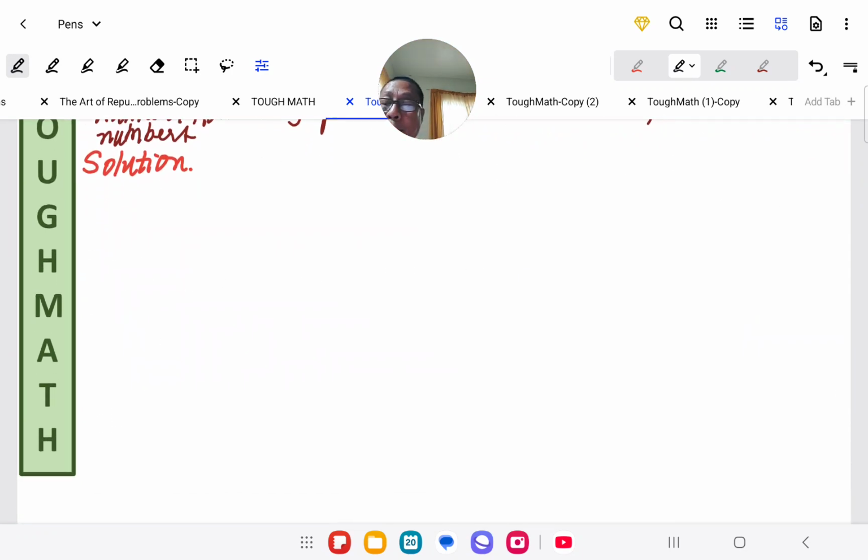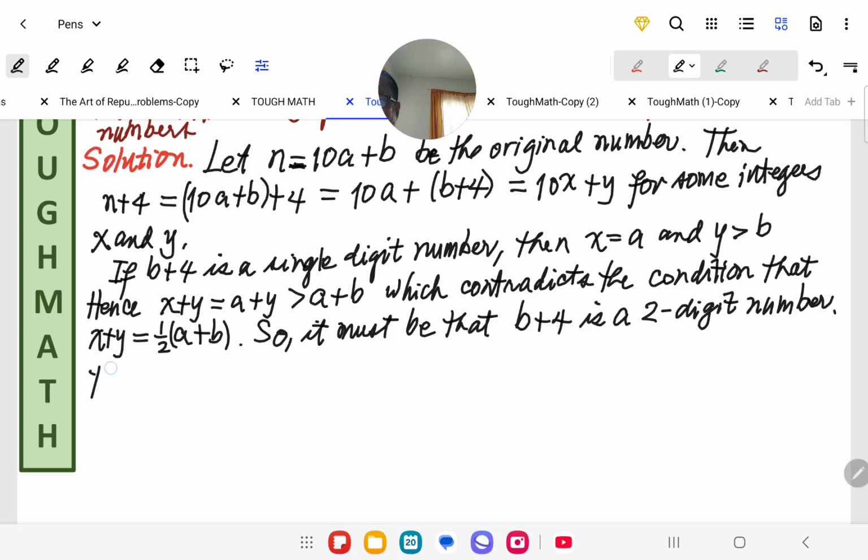That is, b plus 4 is equal to 10 plus r, which is less than or equal to 9 plus 4, which is equal to 13.